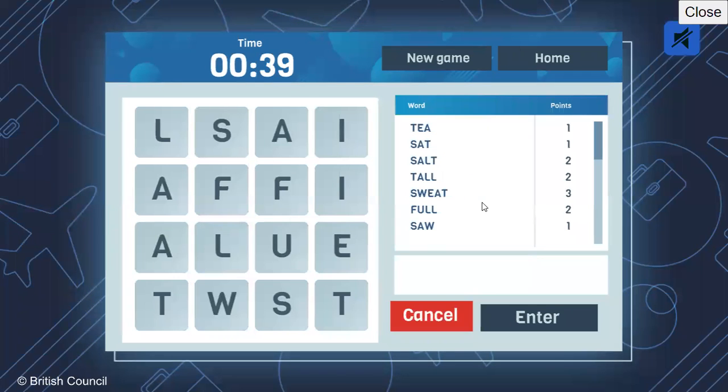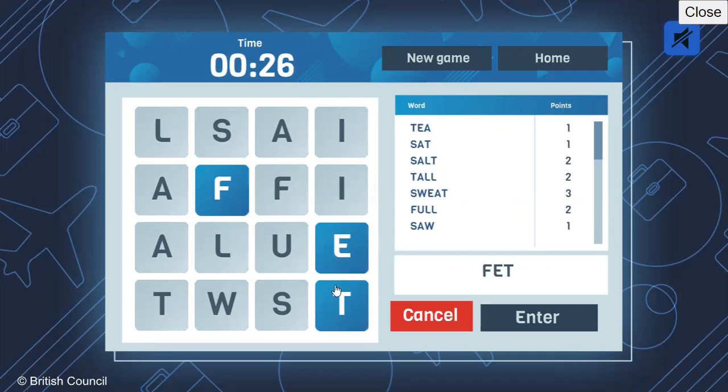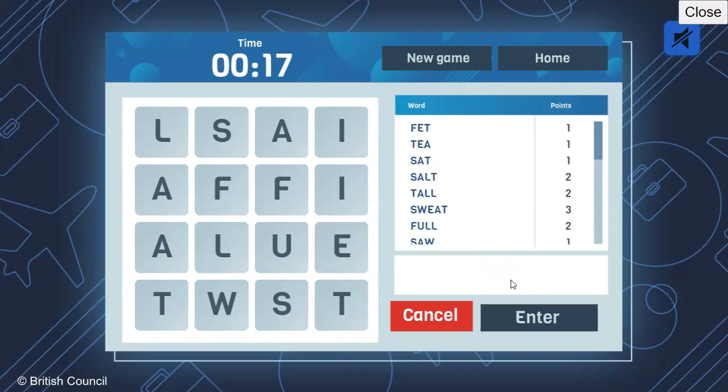Fish. Can you repeat that again? Fish. Okay. You said feet, like this? Yes. Okay, let me see. Good, fat. Trees. Sorry?